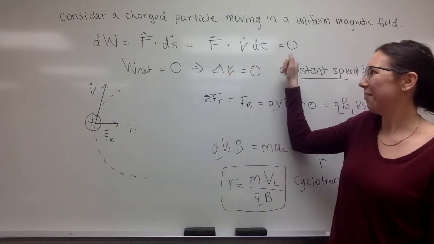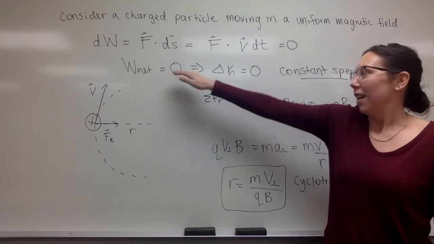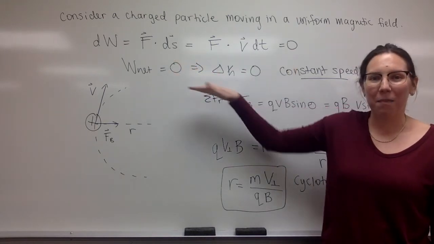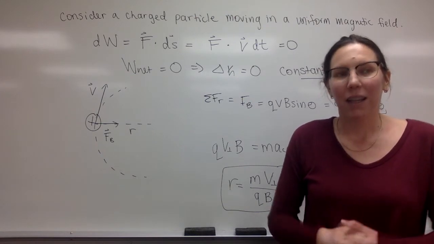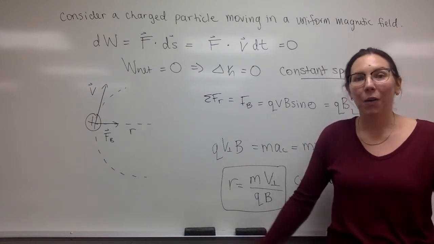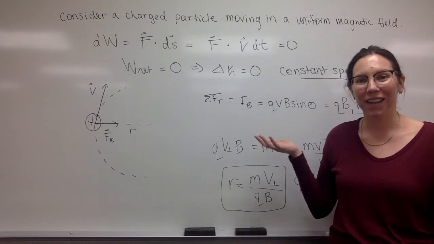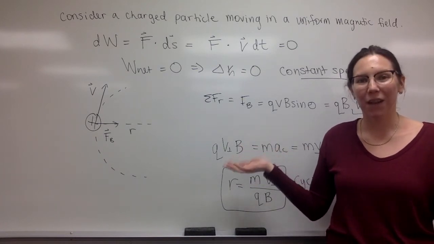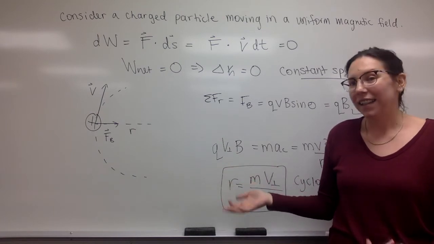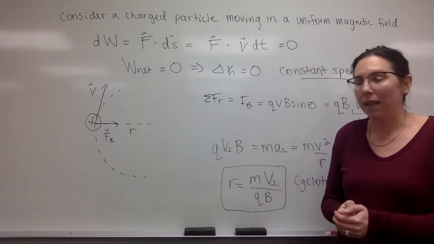So that's 0. The net work being 0 means that delta K is 0 from the work-kinetic energy theorem. So this charge experiencing only the magnetic force will be moving at a constant speed. The force is always perpendicular to the velocity, and thus it cannot change that speed.